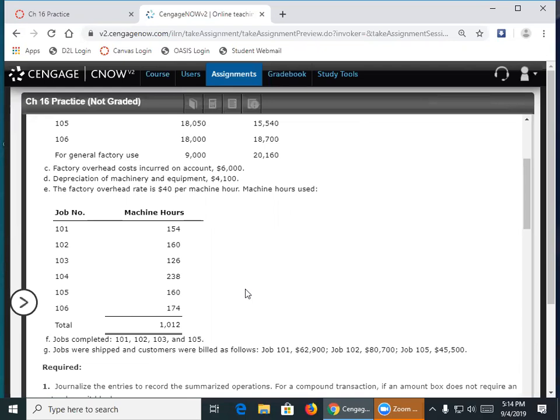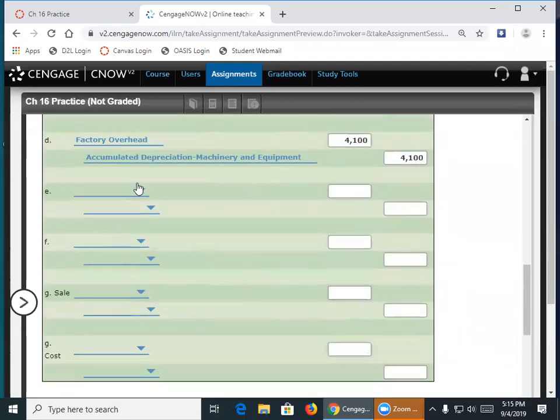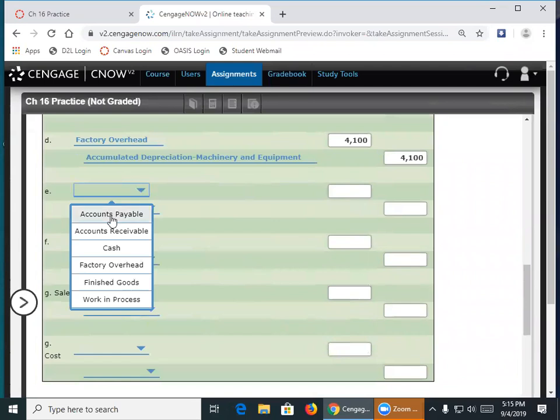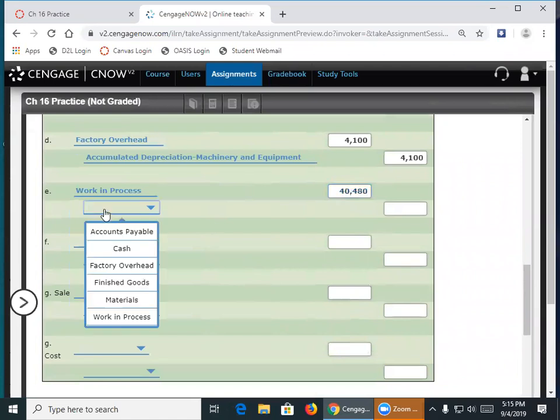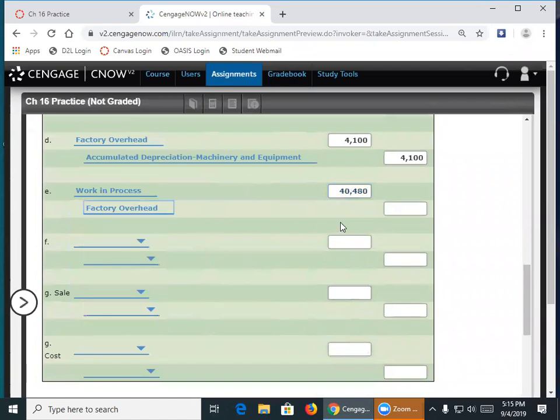We would want to calculate each job because that's a cost that goes to each job, but the total is what gets charged to work in process. So on E, you should have a work in process debit of 40,480 and a credit to factory overhead.